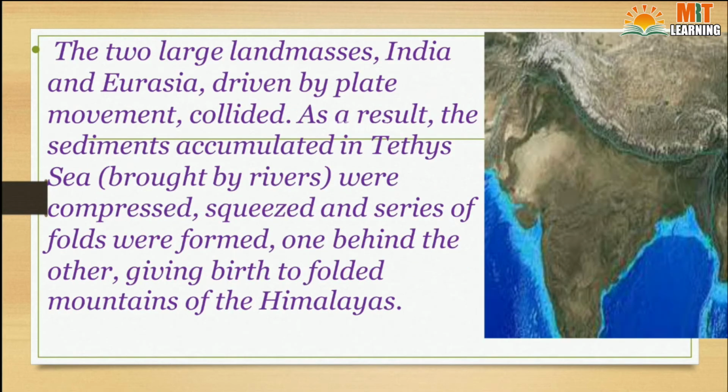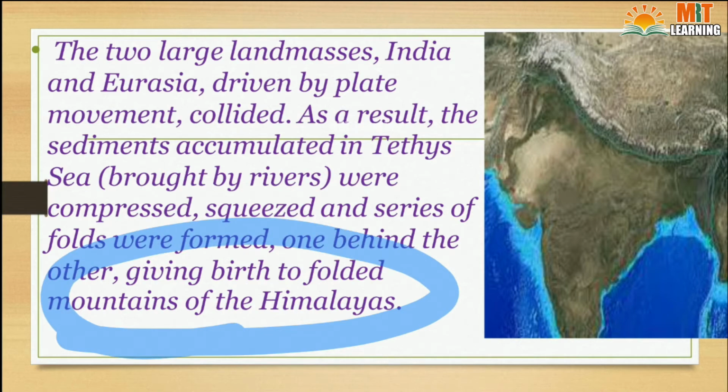Next, how are the Himalayas formed? The two large land masses of India and Eurasia, driven by plate movement, collided. The sediments accumulated in the Tethys Sea, brought by the rivers, were compressed and squeezed, and a series of folds were formed, one behind the other, giving birth to the folded mountains of the Himalayas.